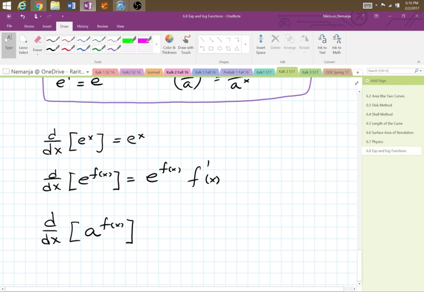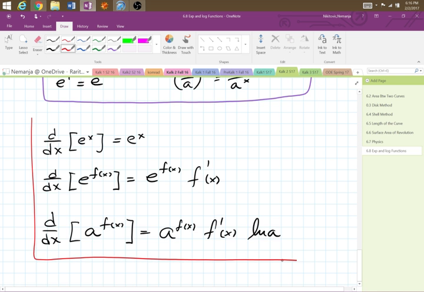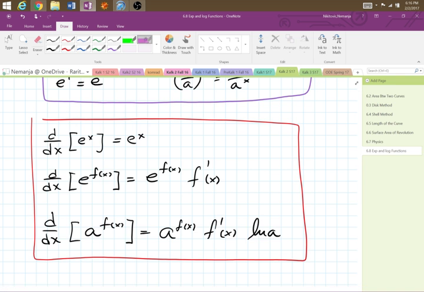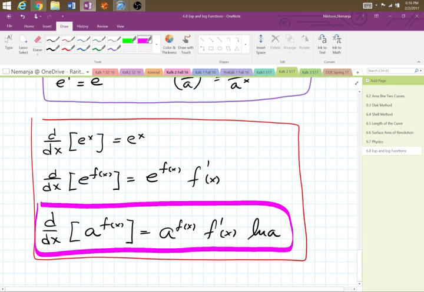All right. So, copy and paste times the derivative times the ln a. Bueno. So that's the one that takes care of everything. It collapses again to any of the vanilla ones.